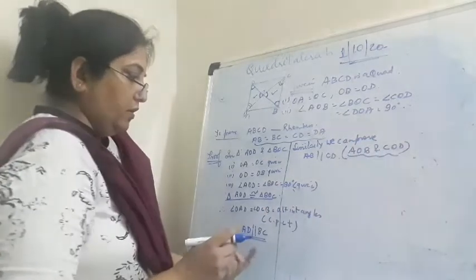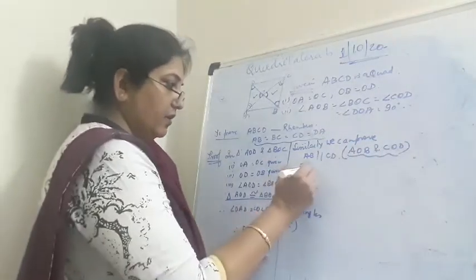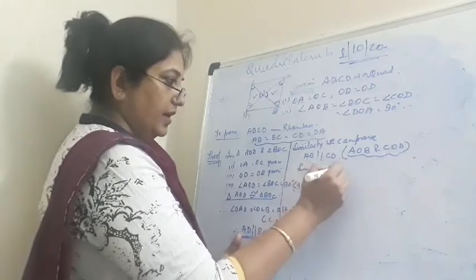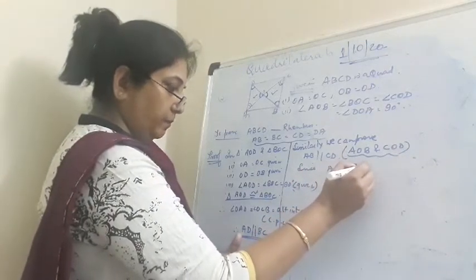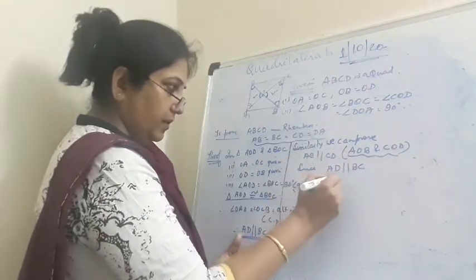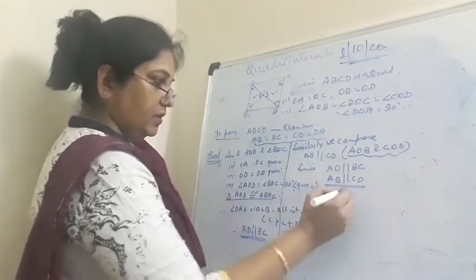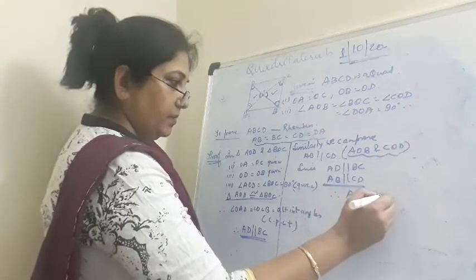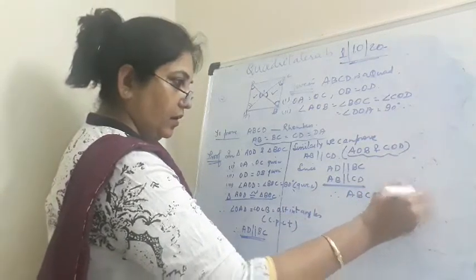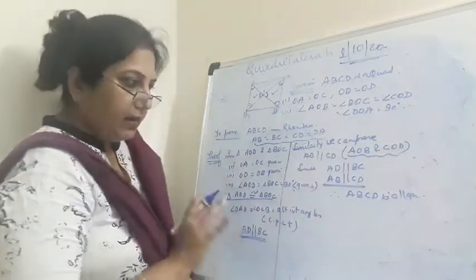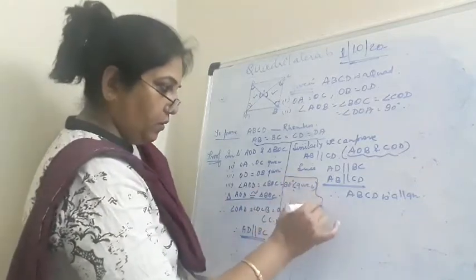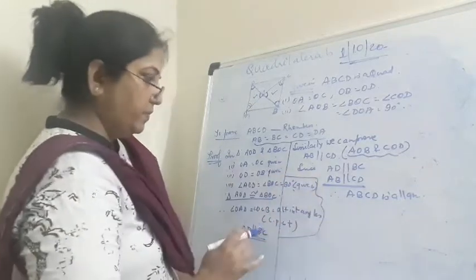Now since AD is parallel to BC and AB is parallel to CD, therefore ABCD is a parallelogram. Okay, now one part is complete.